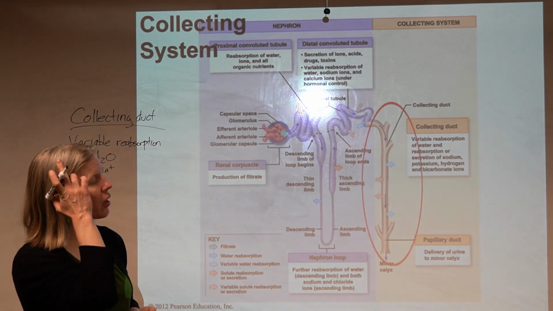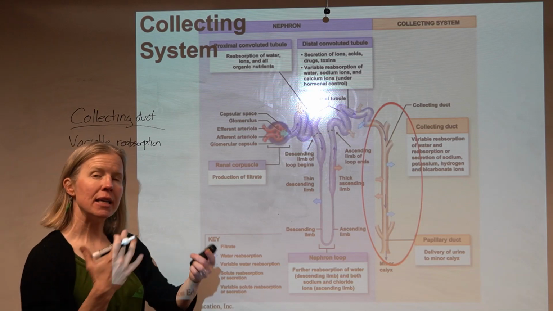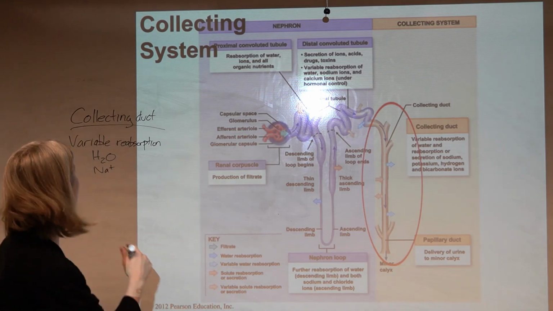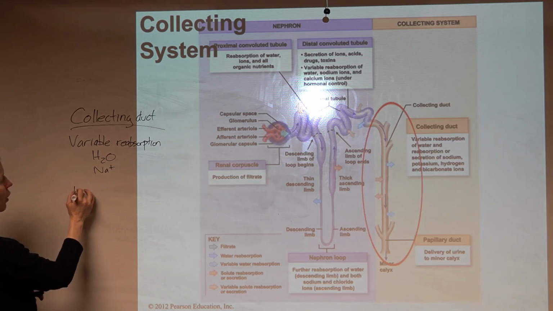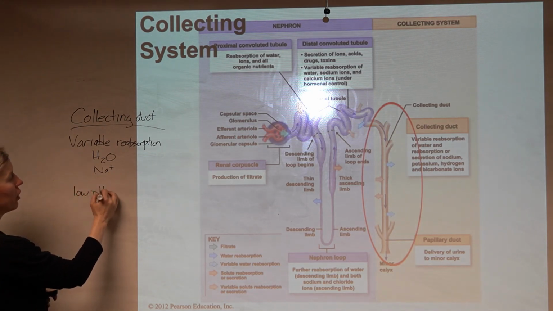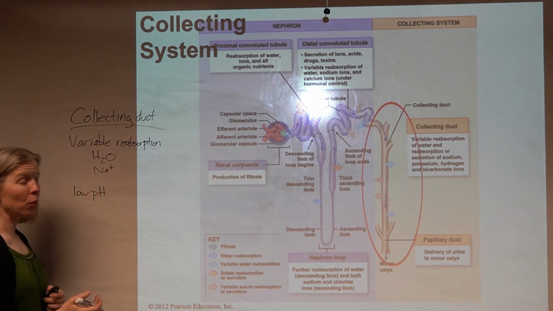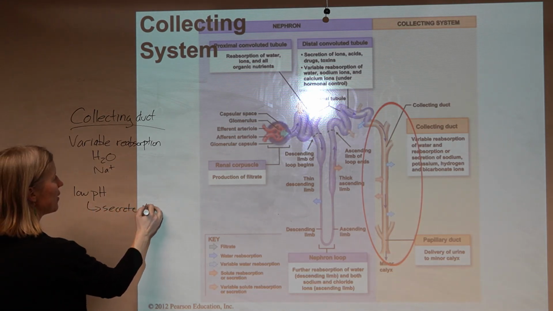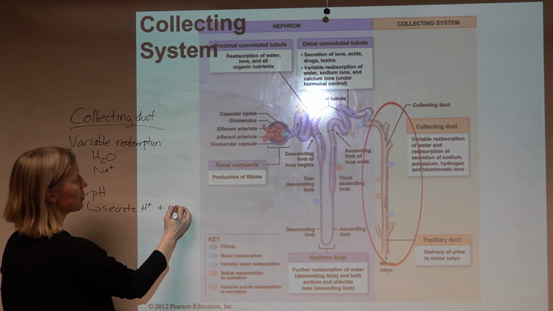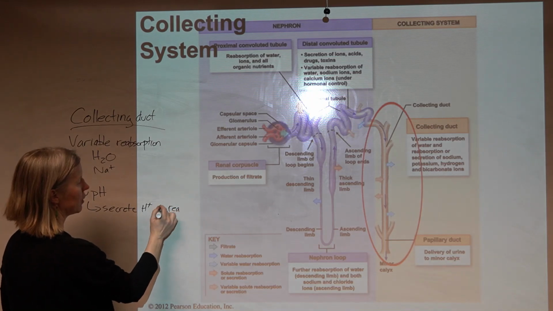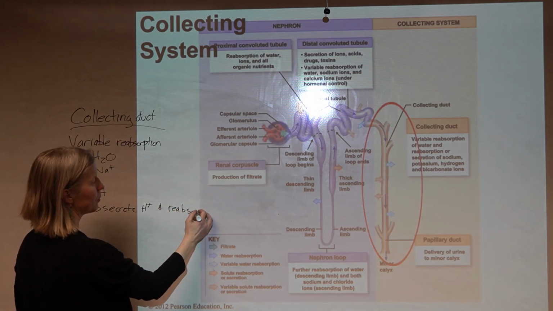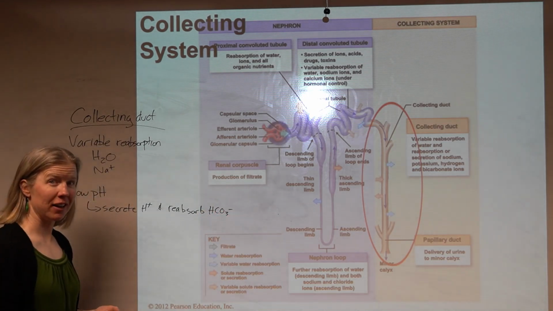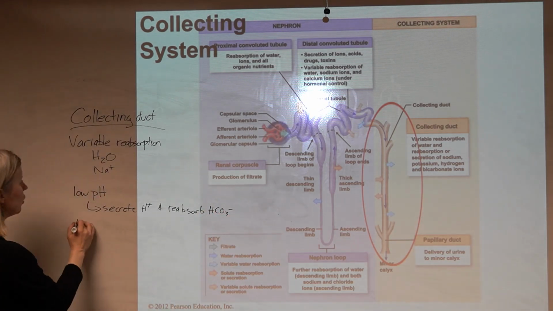The other thing that we're doing here is making more determinations on pH, right? So if you have a low pH, if you're acidic, we will go ahead and secrete that hydrogen and reabsorb bicarbonate, just like we did in the distal convoluted tubule.